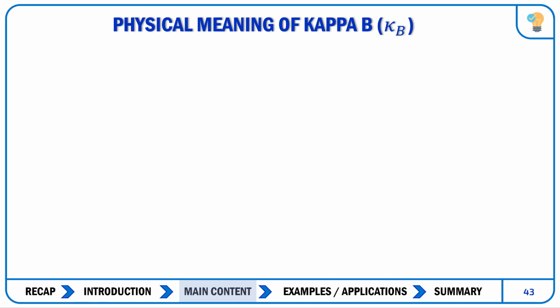We actually want to be able to figure out how to apply kappa B to the worm-like chain model and the significance of kappa B. So I think a better title for this slide would actually be the significance of kappa B versus the physical meaning of it, because we kind of define the physical meaning as the bending modulus, or how much it bends.